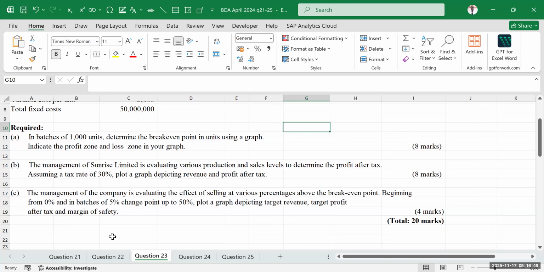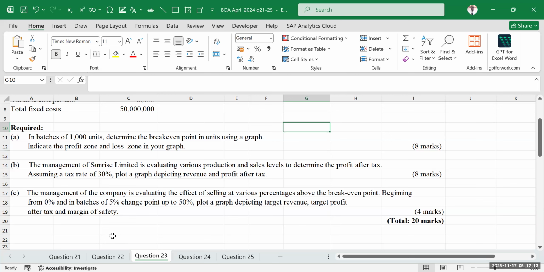So you see, our reference is the break-even point there. Beginning from 0% and in batches of 5%, change up to 50%. So from 0, interval is 5, and it goes up to 50%. So you are being given a range that you should use to draw that graph.